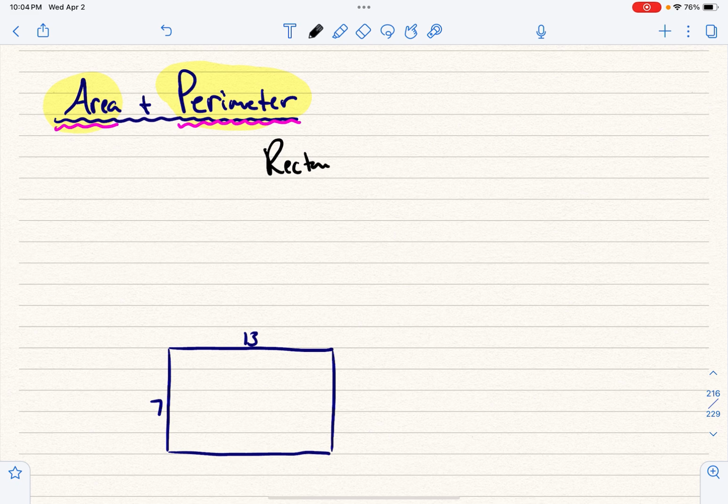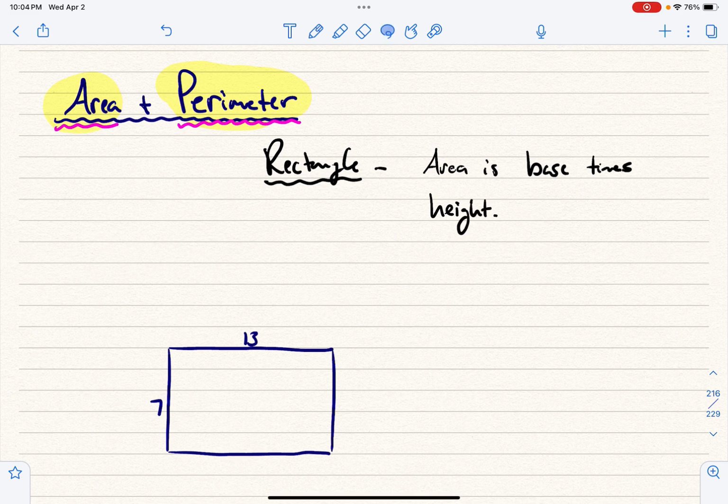If any of you know any of this, this is the stuff you're going to know. Area of a rectangle is easy. Now, you might have a different description of it compared to how I say it, but I'm always writing on a vertical board or a vertical screen, so I say area is base times height. You might say length times width, and I'm okay with that, but I will always say base times height because I look and go, here's the base, here's the height, since I'm usually dealing with a vertical surface.